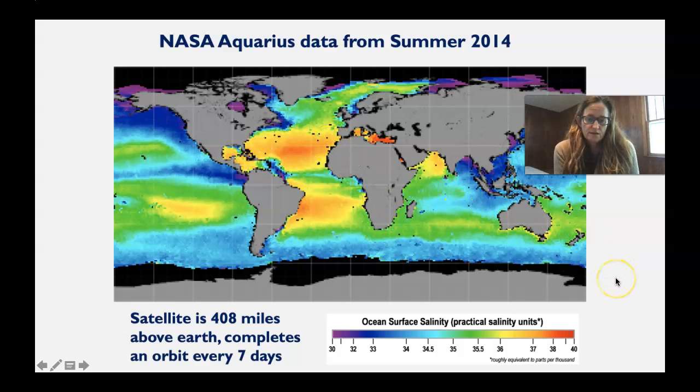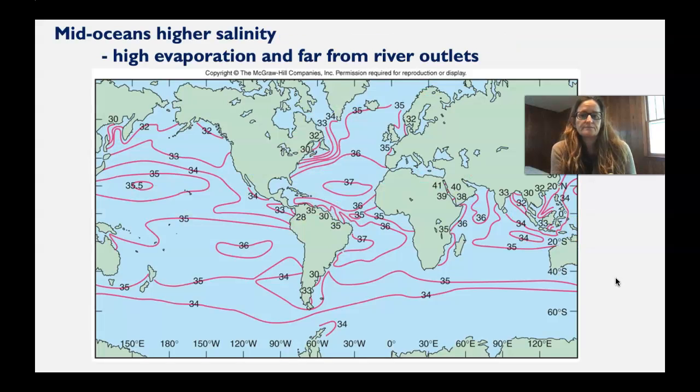So that is measuring periodically as it goes around the Earth our salinity data for the ocean basins. All right, so mid oceans are going to have high salinity, so in the middle of our ocean basins, because of evaporation and because they're further away from input of fresh water by the rivers.